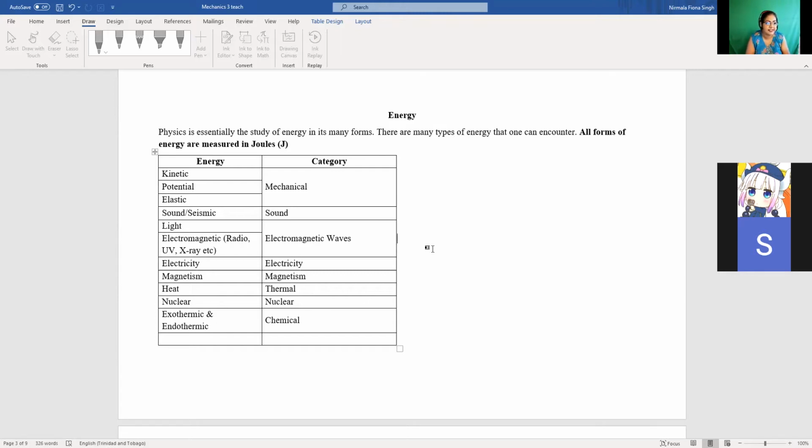We have light, electromagnetic waves such as radio waves, ultraviolet, X-rays, and all of those things. These are other forms of energy. Electricity is a form of energy. That's the most common form of energy in our modern society. Magnetism, heat, nuclear energy, exothermic and endothermic reactions. You all know that in chemistry.